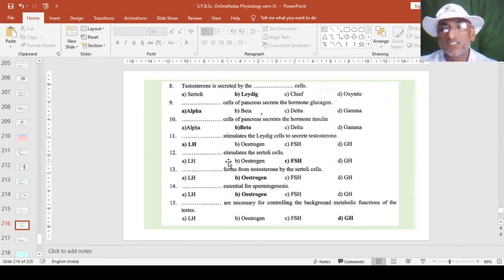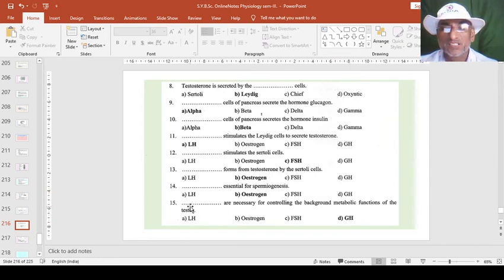Dash dash stimulates the Sertoli cells. Follicle stimulating hormone stimulates the Sertoli cells. Estrogen forms from testosterone by the Sertoli cells. Estrogen dash dash is essential for spermiogenesis.